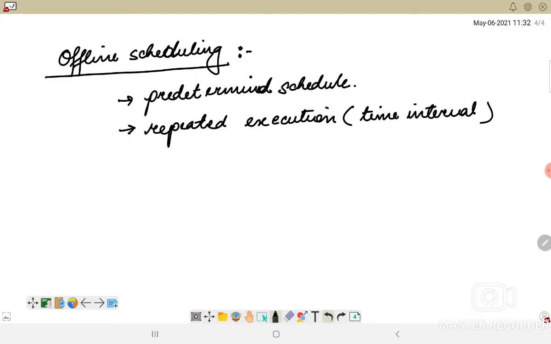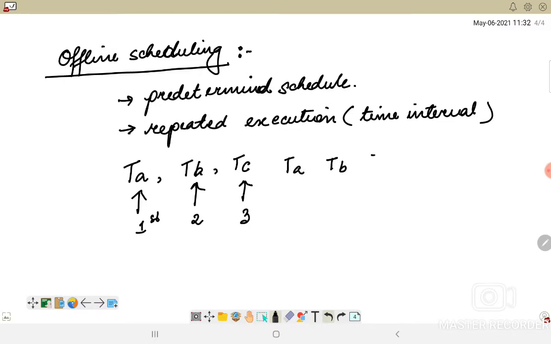Let us take the example where we have three tasks TA, TB and TC. TA will always execute first, followed by TB and then TC. After that, again if it is needed, TA will be executed, then TB and then TC respectively.